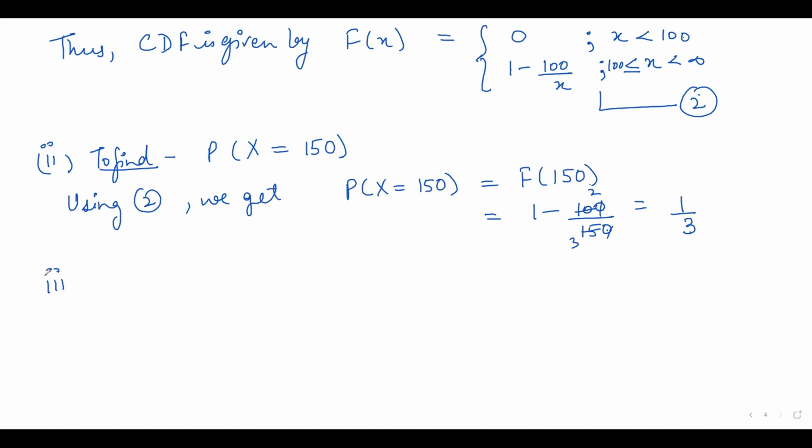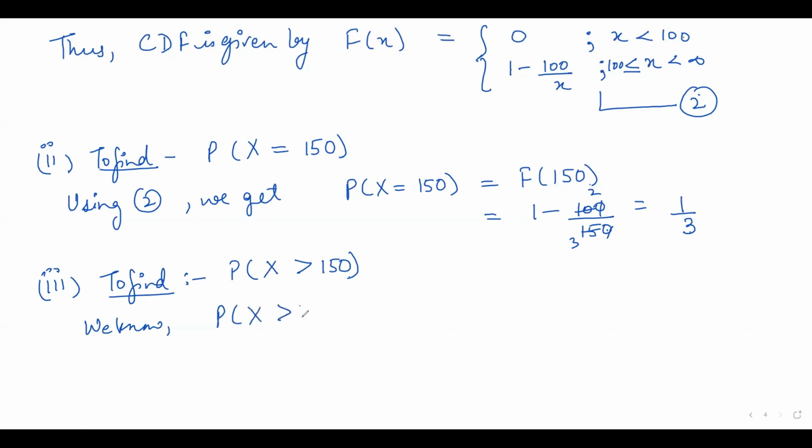And the last part that we have is to find the probability that the life of the tube, that is capital X, is greater than 150 hours. So again, to find this, I'll be using the distribution function, but let us see how I can write this. We know that P of X greater than 150 is the complement of P of X less than equals to 150.